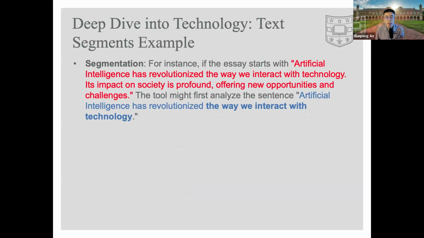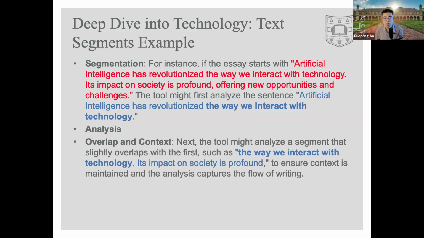And then the tool might first analyze the sentence segment, for example, artificial intelligence has revolutionized the way we interact with technology. And then it is going to move to the next segment and analyze that segment. For example, the way we interact with technology, its impact on society is profound.